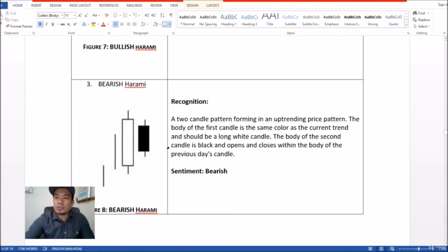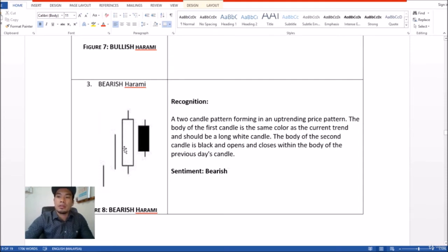The same goes for the bearish Harami, but the difference is that it opens at the higher part of a trend. You can see initially the trend is going up, and at resistance the second black candle appears within the white candle body, and this indicates a bearish sentiment.